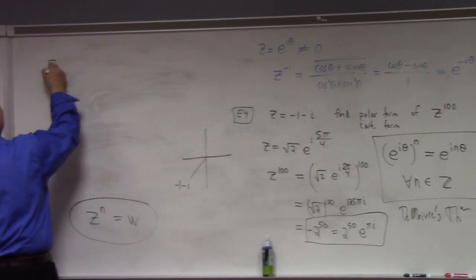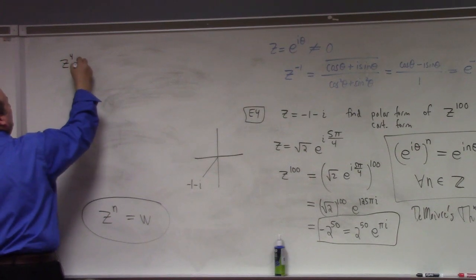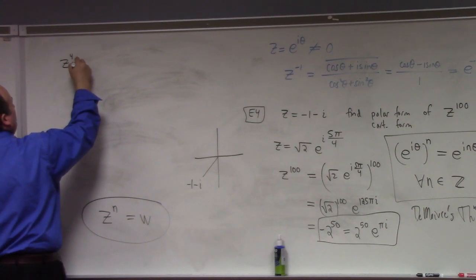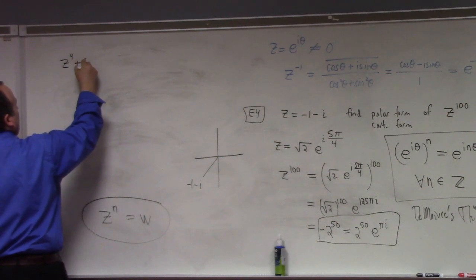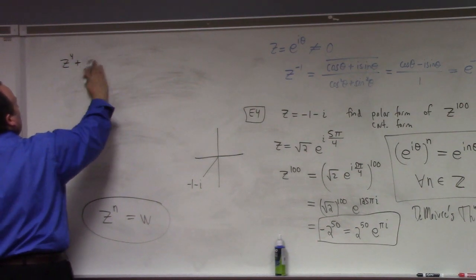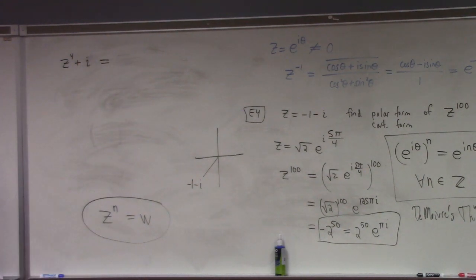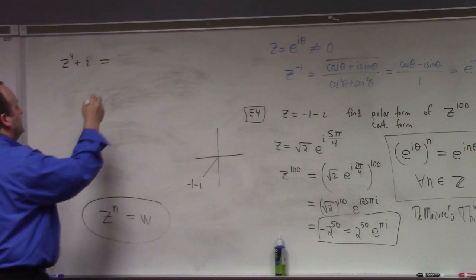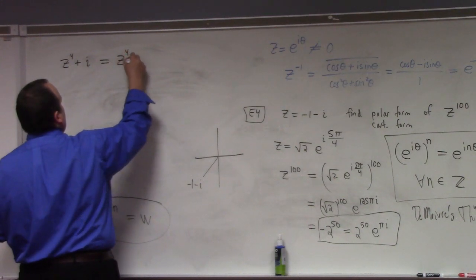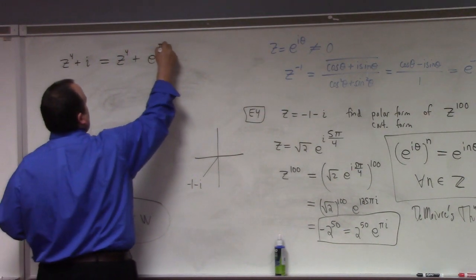So z to the 4th plus 1, right? Oh, that's too easy. z to the 4th plus i. How would you factor that? Well, that's z to the 4th plus e to the pi i over 2, right?